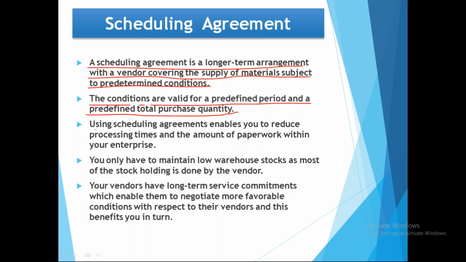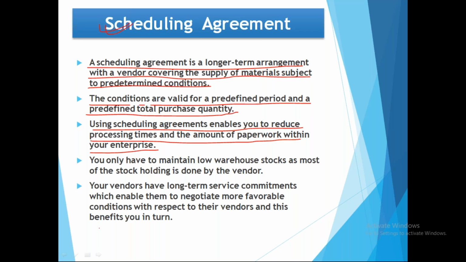Using scheduling agreements enables you to reduce processing times and the amount of paperwork within your enterprise. You know how much quantity you need on which date. That exact quantity and date on which he has to deliver, you will put in the scheduling agreement.